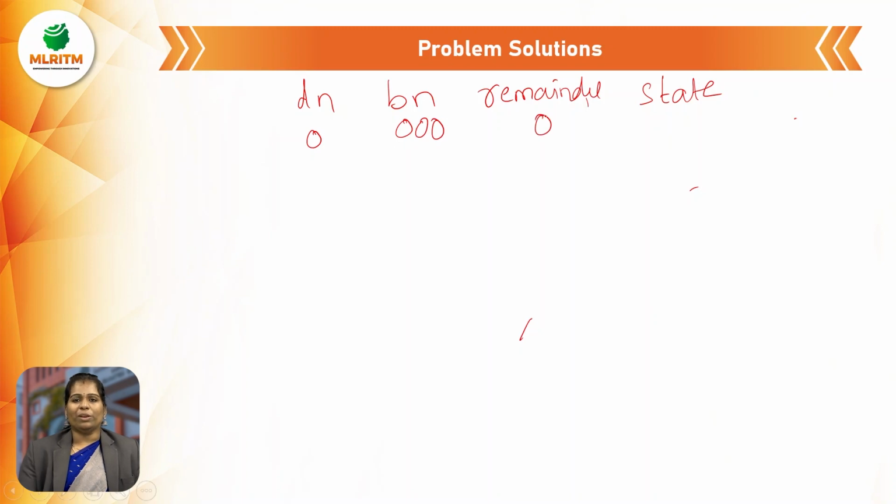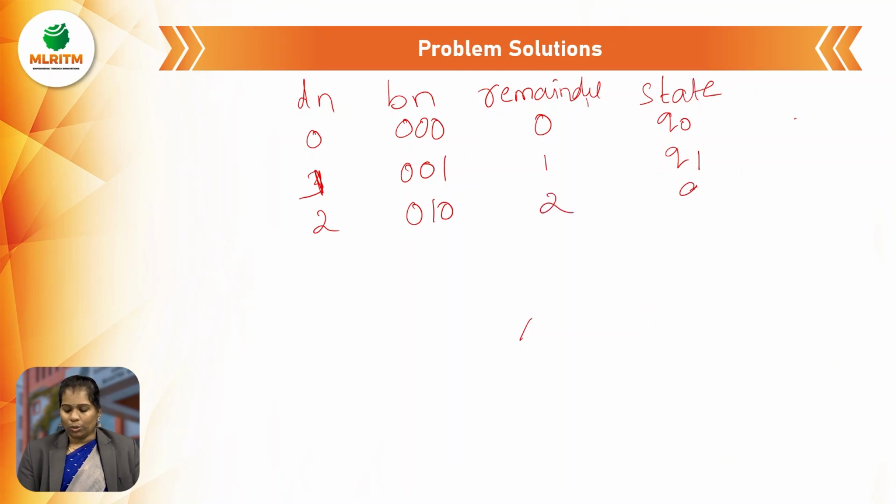The remainder is 0, since when we divide by 3 we get 0, so the state is Q0. Next, 1: binary 001. When we divide by 3 we get remainder 1, so it goes to Q1. Next 2: binary 010, remainder 2, Q2. Again 3: 011.